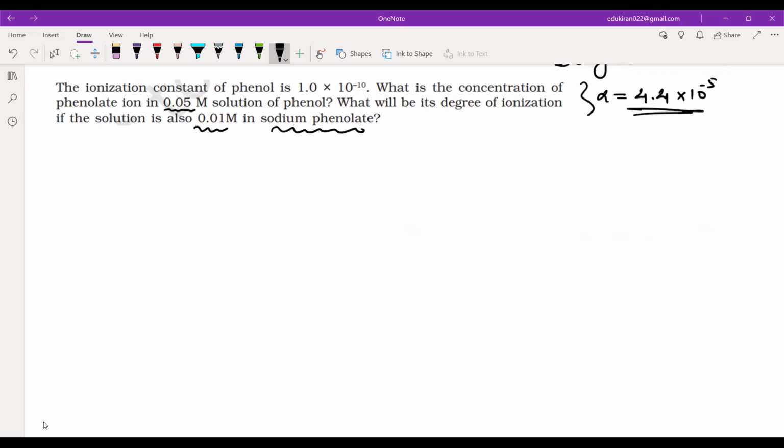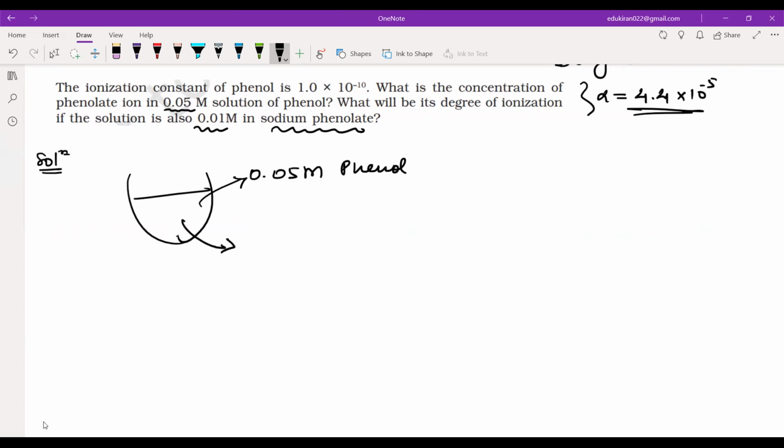So the solution that we have has two things: 0.05 molar phenol, and it also has 0.01 molar sodium phenolate.